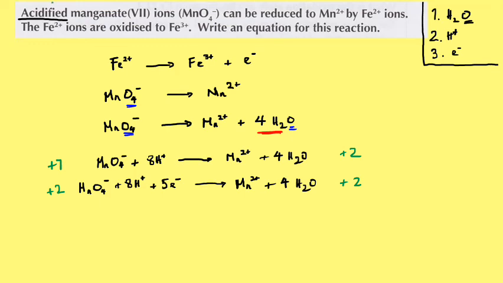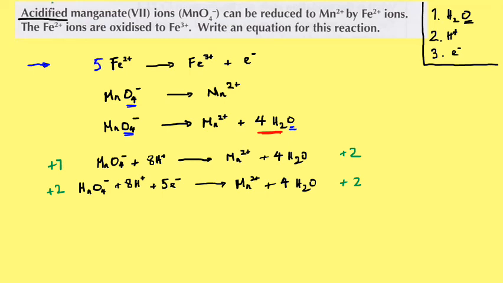But before we do that, let's have a look back at our half equation for iron. And we're not going to be able to combine those as they are because we've got 1 electron in this iron half equation, that's the oxidation half equation. So in order to enable the electrons to cancel, which is what we want, we're going to need to multiply this half equation by 5.